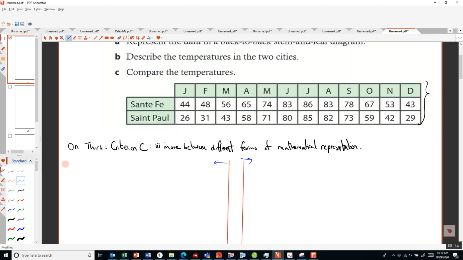So a good idea is to take, say, Santa Fe and write those in order. Your first one would be 43, and then 44. Then we can do St. Paul over here. Your first one would be 26, and then 29. So let's get them in order first.